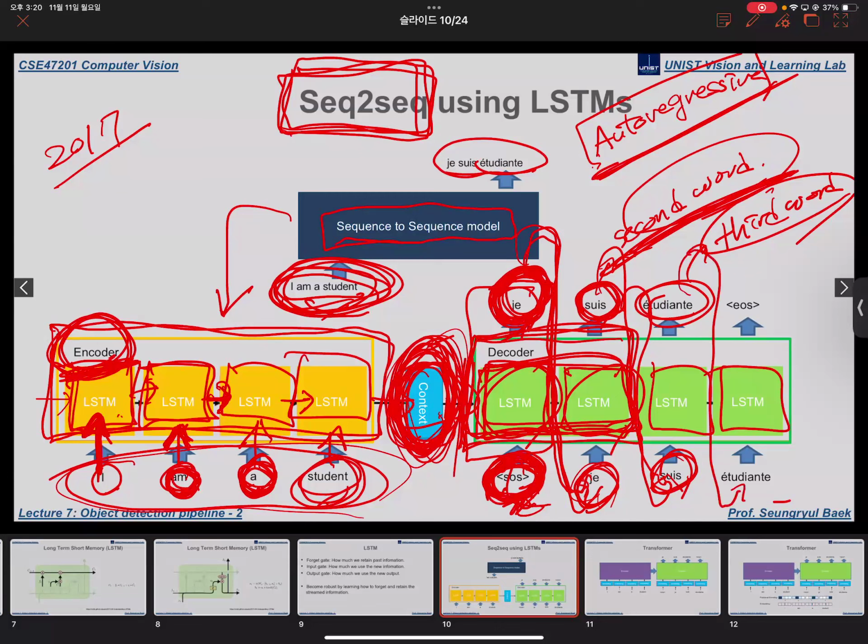And we also use the third word as the input to this decoder, and we keep doing this until we get this EOS token, which means the end of sentence. Okay, so we iteratively do this kind of autoregressive prediction until we meet this EOS, the end of sentence token. Okay, that's what happens in the sequence-to-sequence model.